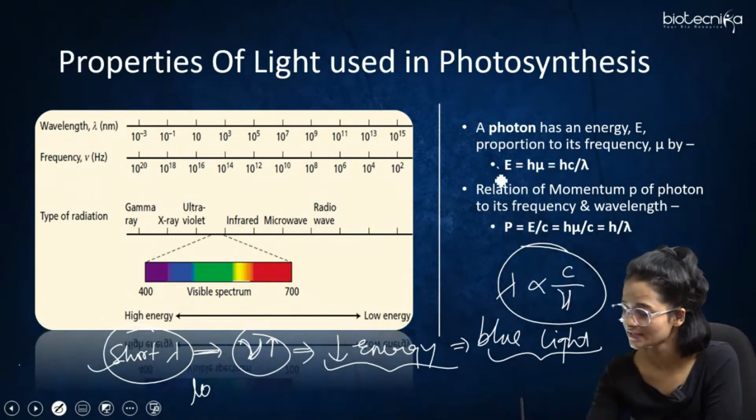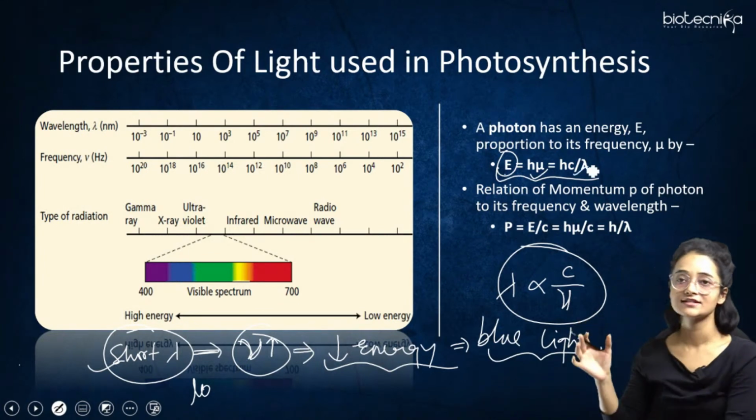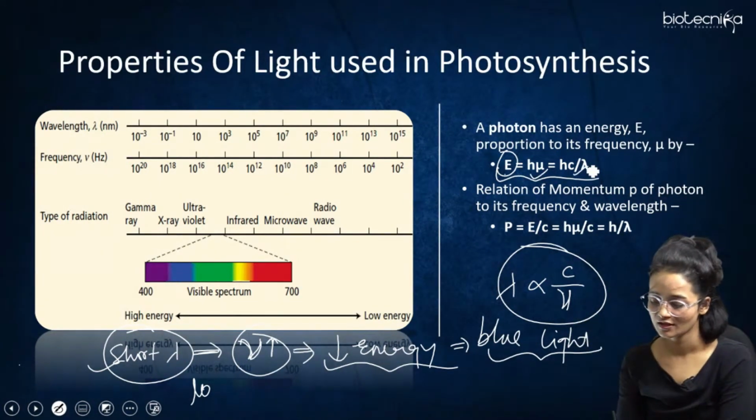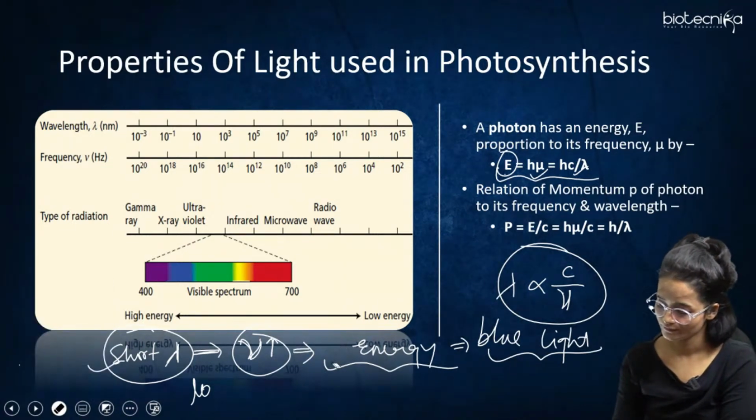How blue light? As we can see from the equation itself, energy is directly proportional to the frequency and energy is inversely proportional to the wavelength. So from this equation, the shorter wavelength would have a high amount of energy, right?